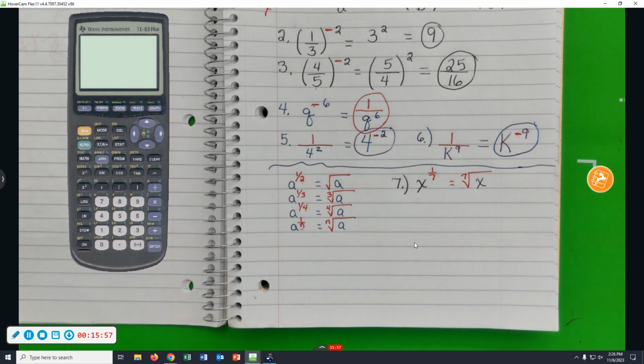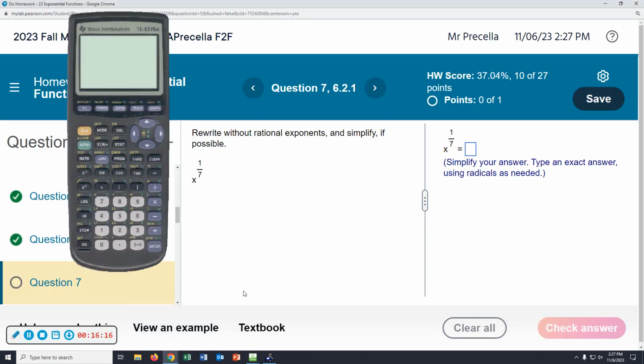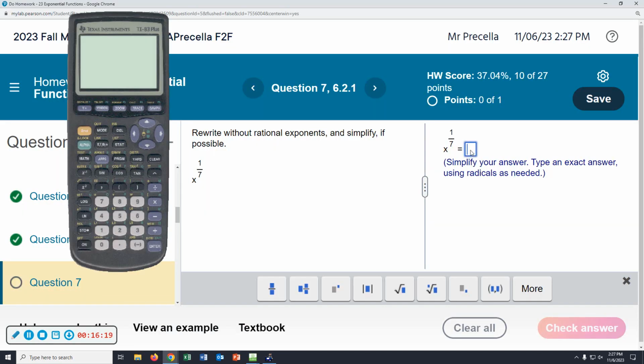You may have never worked with 7th roots before, but it's like a square root, except the root there is a 7. What this is asking is, what do you raise to the 7th power to give you x? The 7th root of x. So we click in the blue box, and you don't use that radical we usually use for square root.